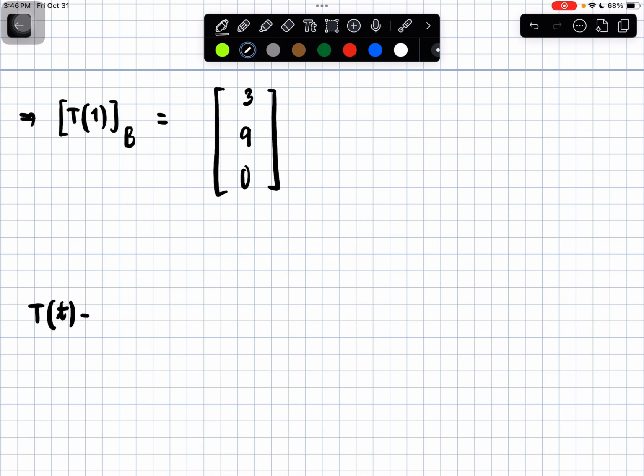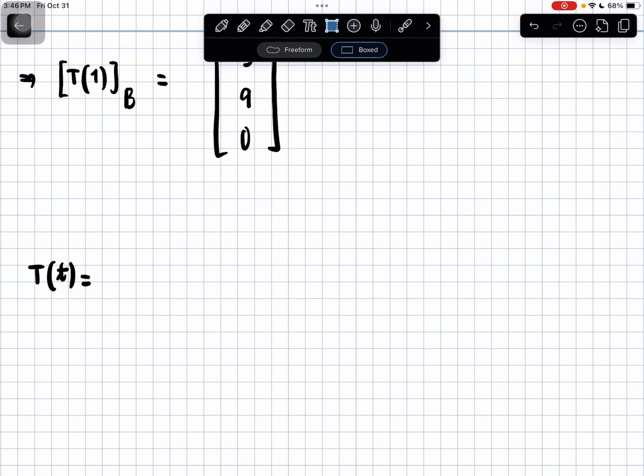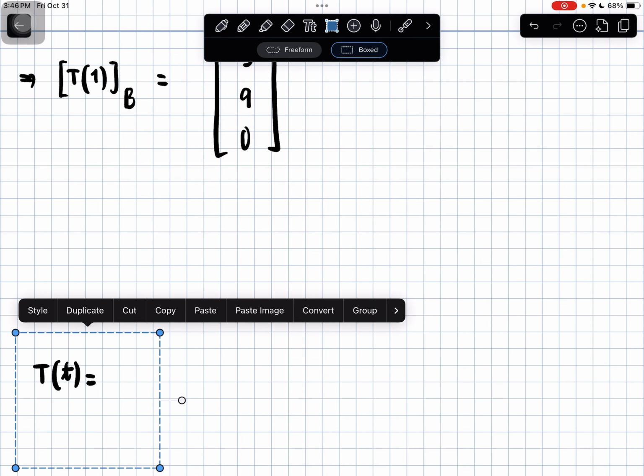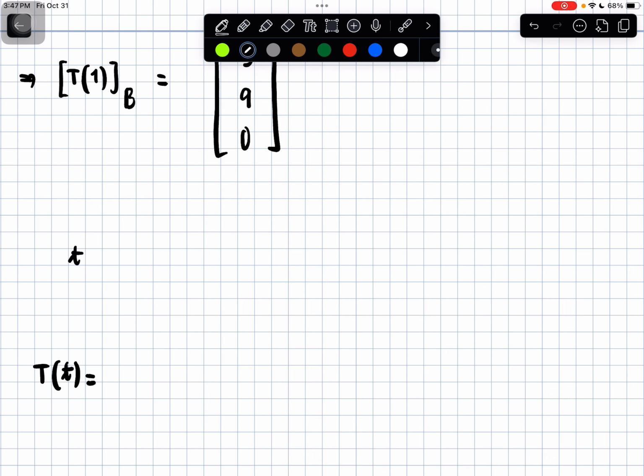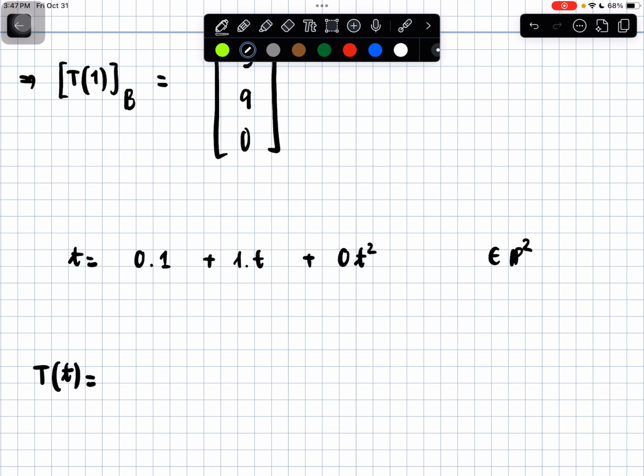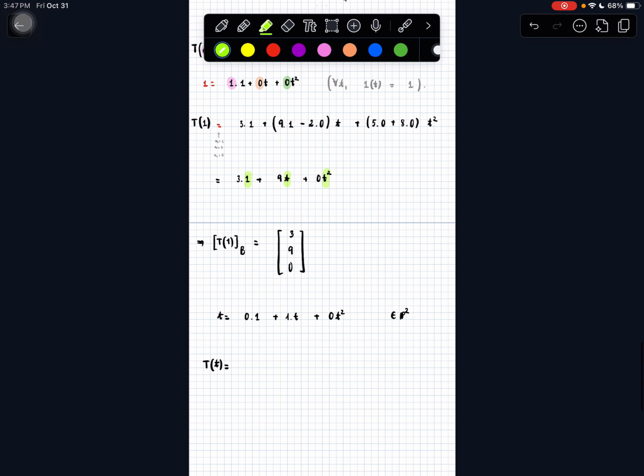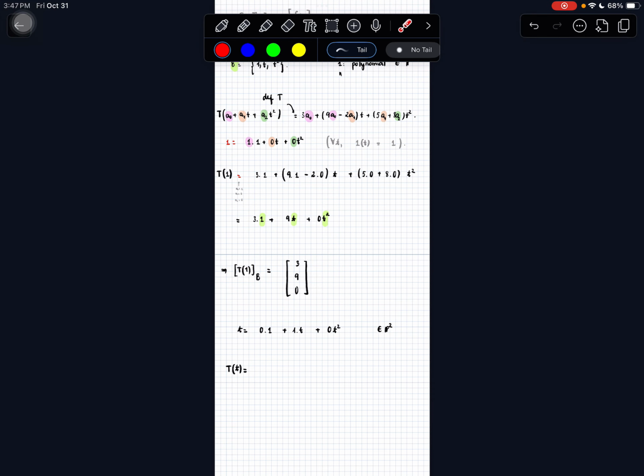Next, T of t. So what does that even mean? The image of t. t is a polynomial, which is an element in P2: 0 times 1, 1 times t, 0 times t squared. So in our case, a0 is 0, a1 is 1, and a2 is 0.